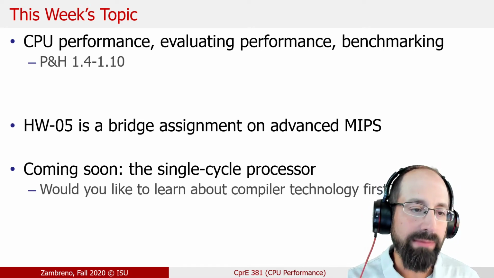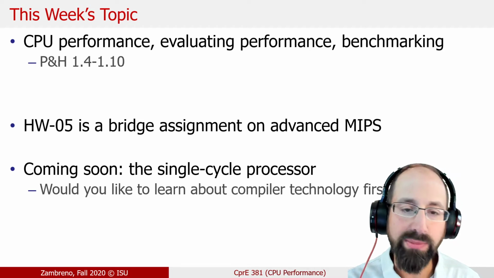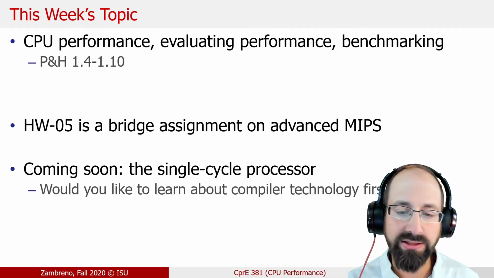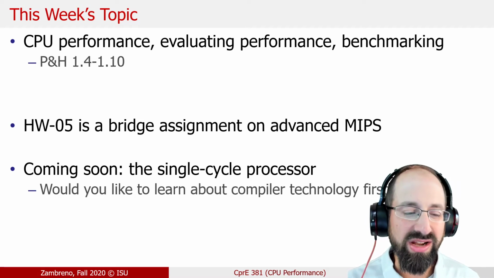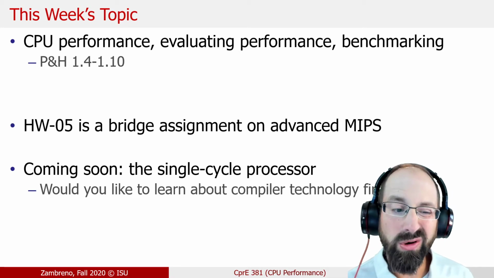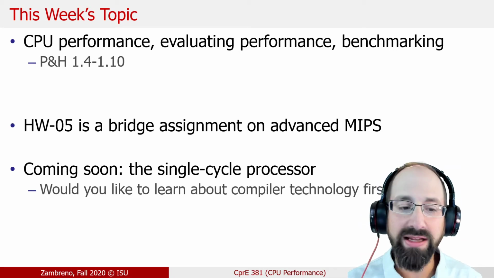Instead of writing programs, we'll be trying to understand the performance of programs and how these programs execute on our processors. And that'll be our next big topic after this week: the so-called single cycle processor. We're also going to likely find that a lot of that topic is actually review.